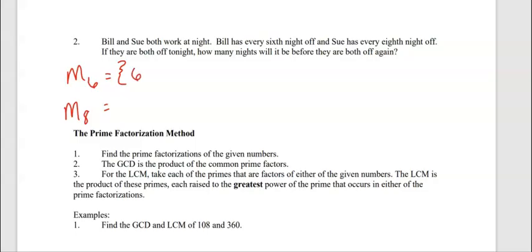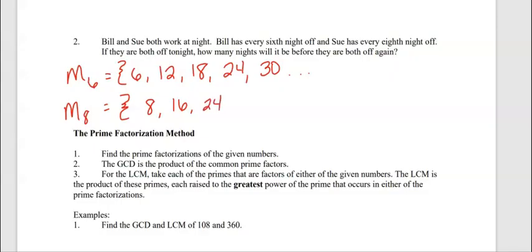So multiples of 6 are going to be this person, Bill, is off night 6, he's off night 12, he's off night 18, he's off night 24, he's off night 30, and I'm just listing multiples of 6. Multiples of 8, Sue is off night 8, and then she's off night 16, and she's also off night 24.